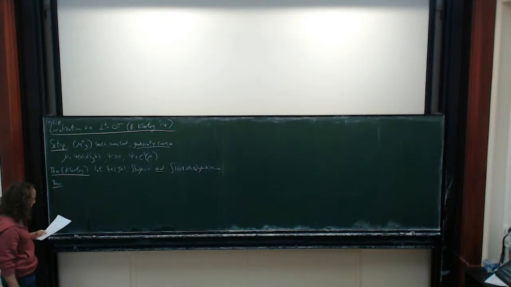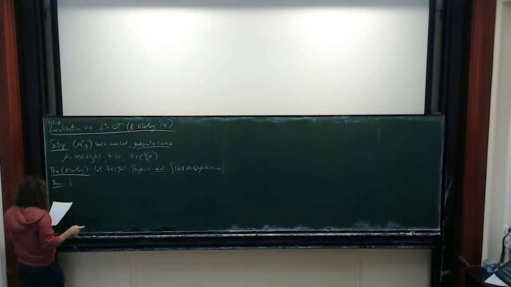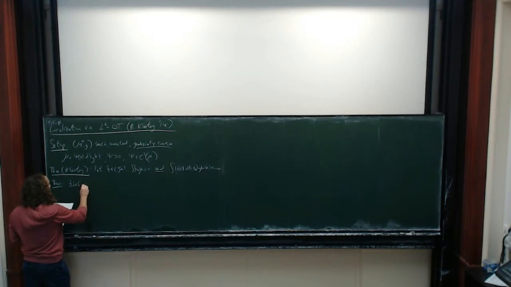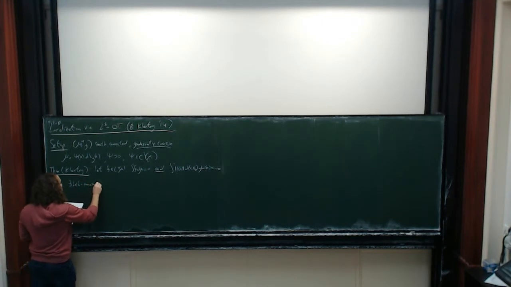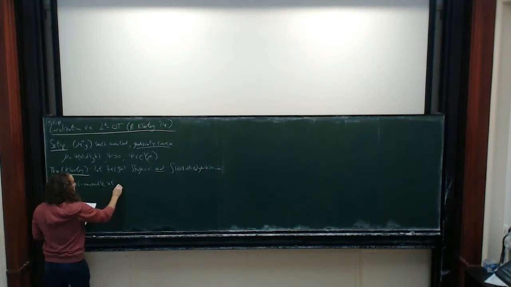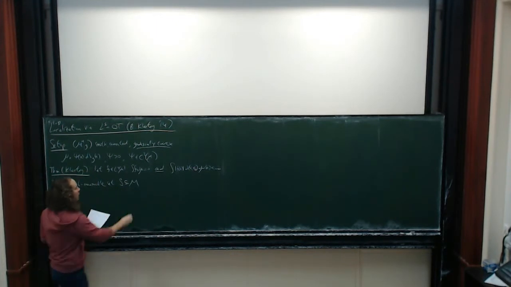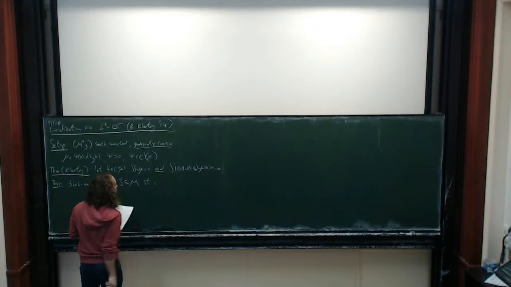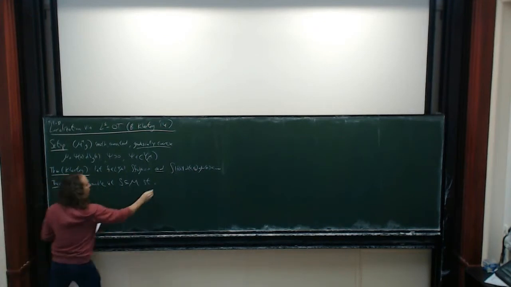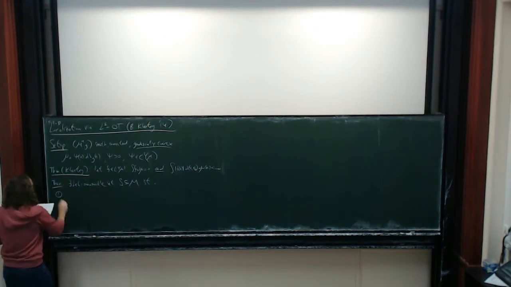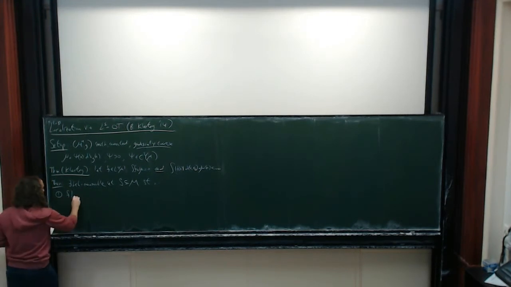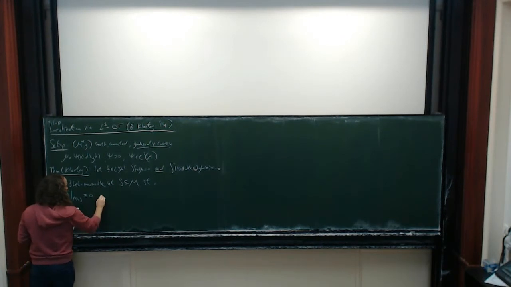Then the result is as follows. There exists a measurable set S subset of the manifold such that, one, outside of S, F is equal to 0, mu almost everywhere.